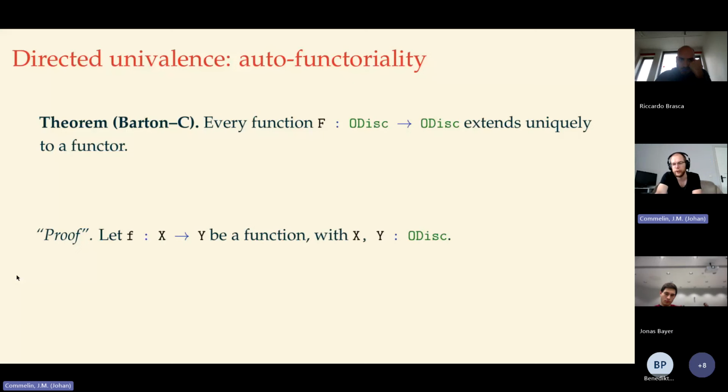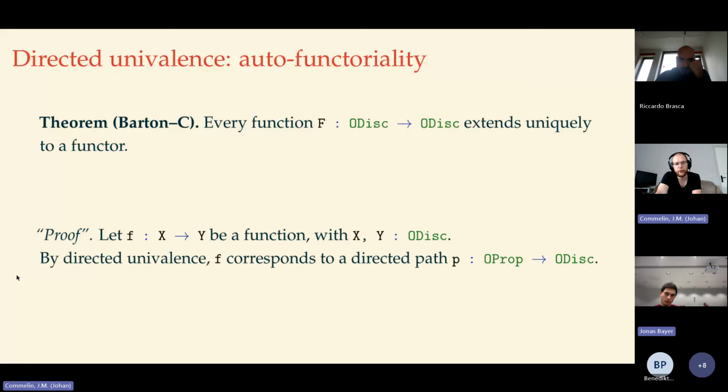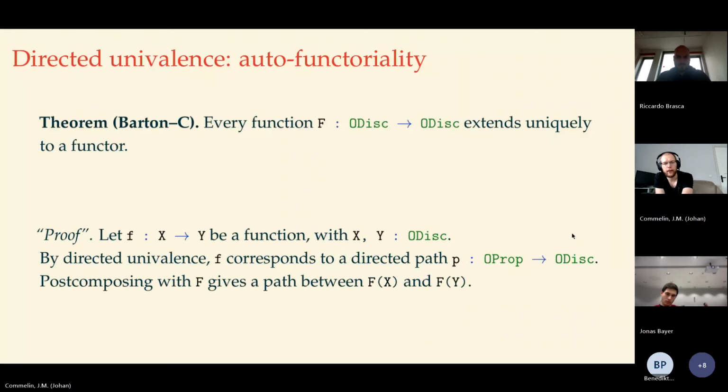So whenever you have a function, by directed univalence, it corresponds to a directed path. And recall that paths are like functions from OPROP to ODisc that send, in this case, false to X and true to Y. So those are the endpoints of the path. And then if we post-compose this with F, right?